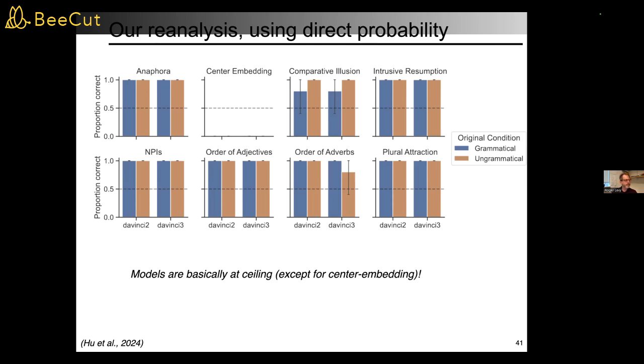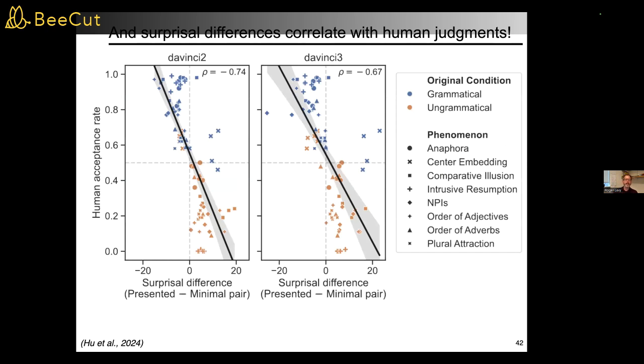And we can go even farther. One of the really neat things about this data set that Dentella et al. used is that they also collected many human judgments per sentence for their materials.